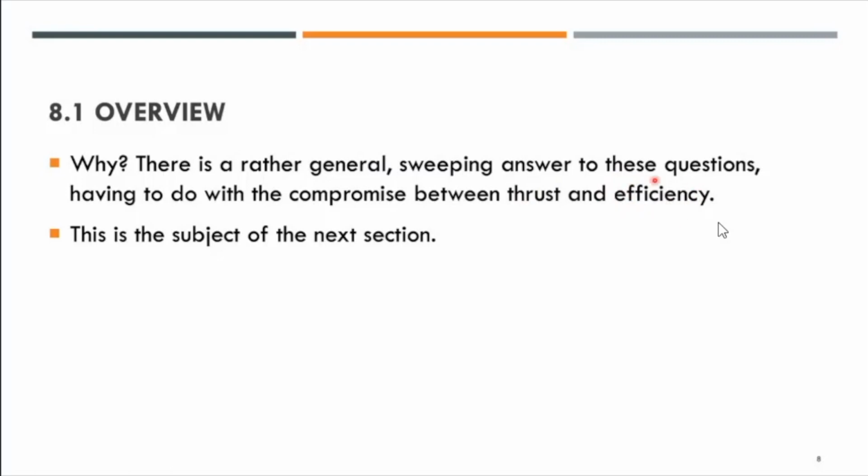And how about the efficiency? Is it a very efficient, or medium efficient, or less efficient type of engine? So this is a compromise between thrust and efficiency. Whether you need a high thrust, low efficiency, or high thrust, high efficiency type of engine. This will be covered in our following section today.